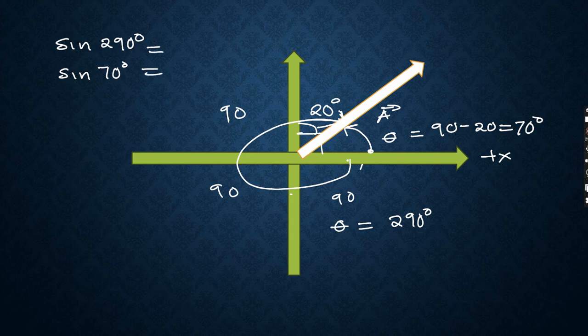So sine 290, guys, is negative 0.94. What about sine 70? Sine 70 is now positive 0.94.